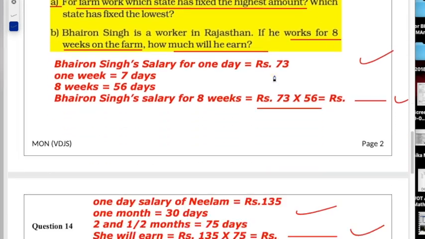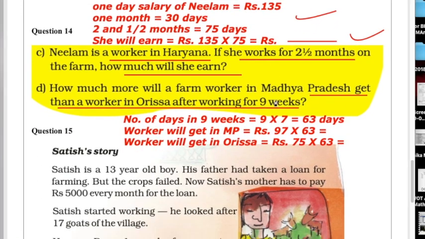Now we have to calculate the salary for 9 weeks. First, the number of days in 9 weeks is 9 multiplied by 7, which is 63 days. So a worker will get 97 multiplied by 63 in Madhya Pradesh, and 75 multiplied by 63 in Odisha. You will multiply these and get the answer.